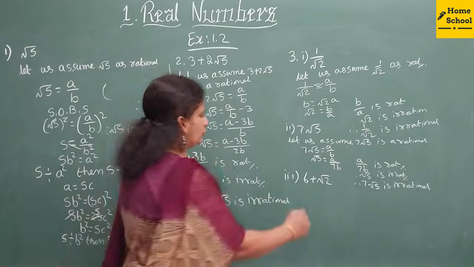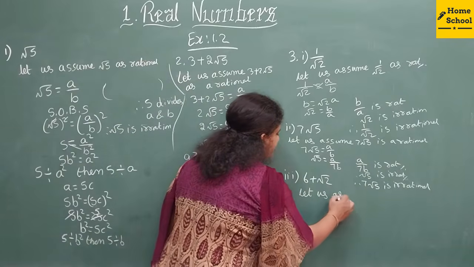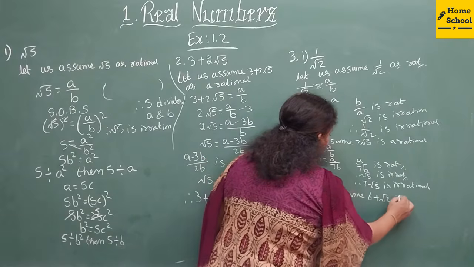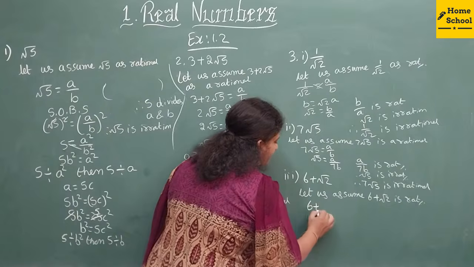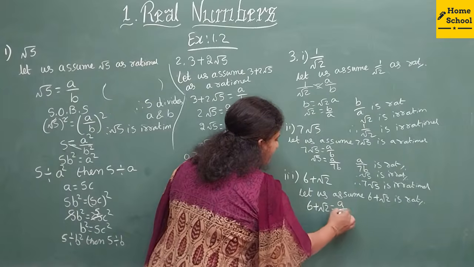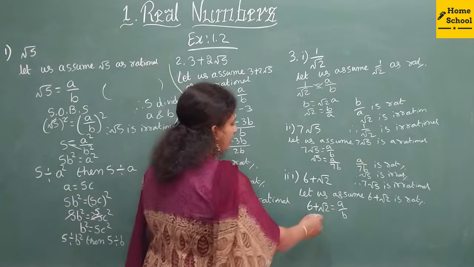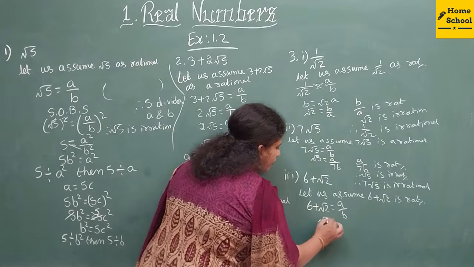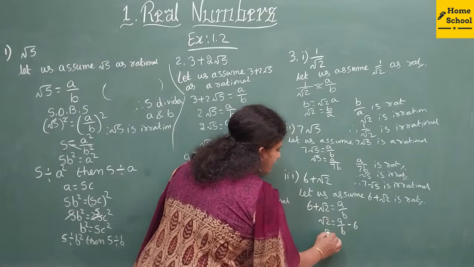Last one. 6 plus root 2. Again, this one also in the same manner. Let us assume 6 plus root 2 is rational. Okay, if it is rational, equate to a by b, and say a, b are co-primes, so b is not equal to 0. And now root 2 one side, remaining all other side. Root 2 is equal to a by b minus 6. Do LCM.